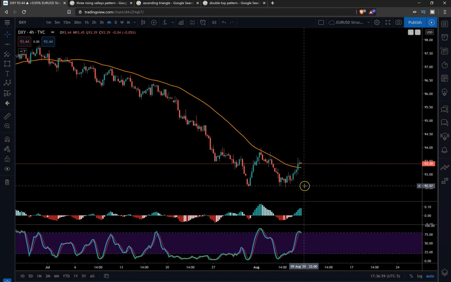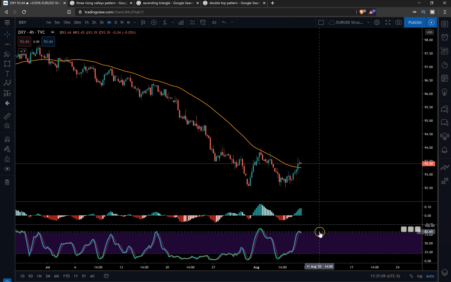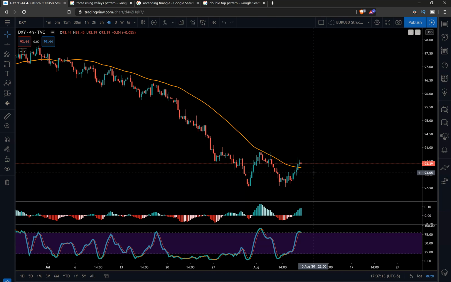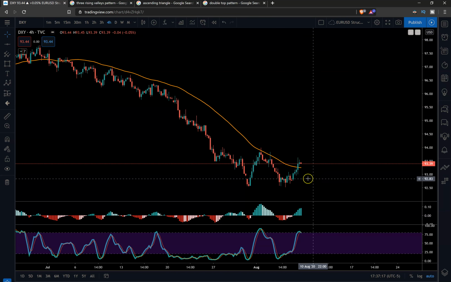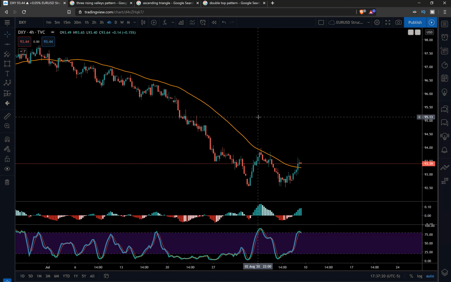So it could test this bottom, and inversely on the EUR/USD, that price could retest that high, and we could see a fall of the euro and a spike of the dollar. This is the DXY dollar index.